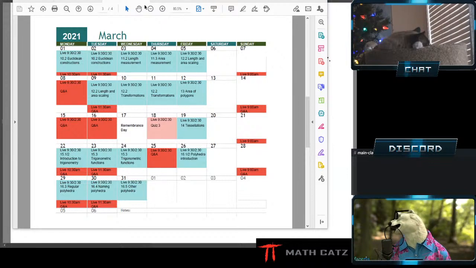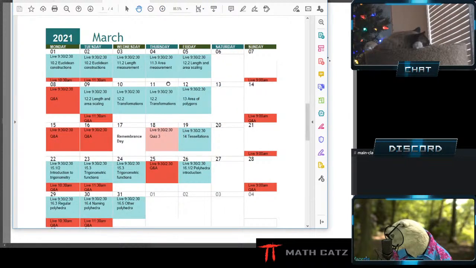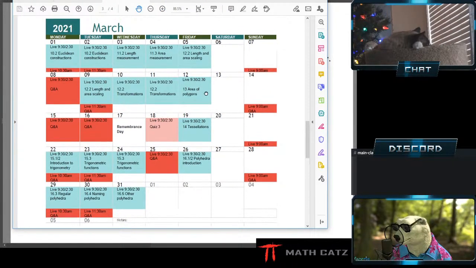Then you'll also see here, just to display my brilliant memory and observation, that I copied the previous semester's calendar and modified it to this one, and Remembrance Day somehow made it through. So we are going to have our own little Remembrance Day, which is really just going to be another Q&A session. So if you see this on the following week's schedule, that's just because I copied stuff over from last year.